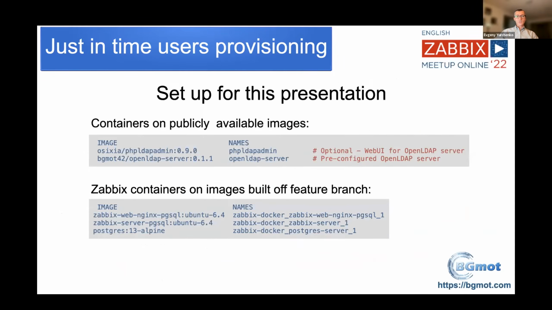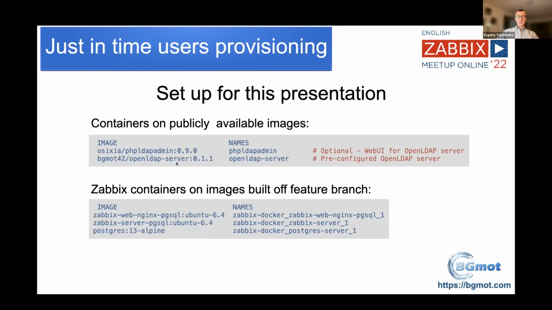So how does it work? For this presentation, I'll do a quick demo later. I'm using these container images. The first one is standard, I haven't changed anything in it. It just lets you see what's inside your OpenLDAP server. The second one is actually an OpenLDAP server, but pre-configured by me.